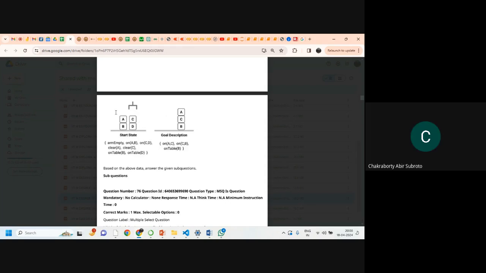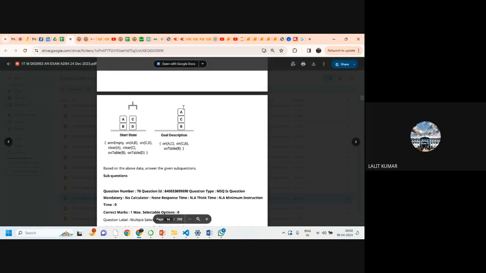If we see here, what are the applicable actions? Unstack CD, unstack AB, from the start. So applicable actions are only 2: unstack AB, unstack CD. Relevant actions, how many?